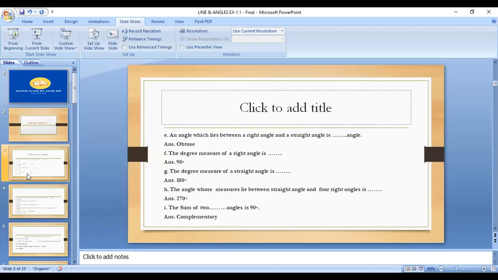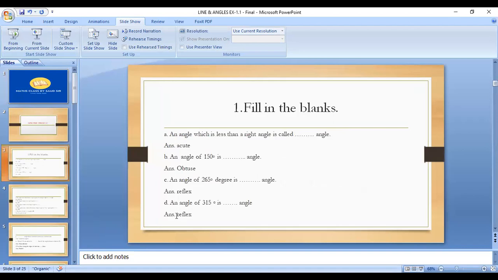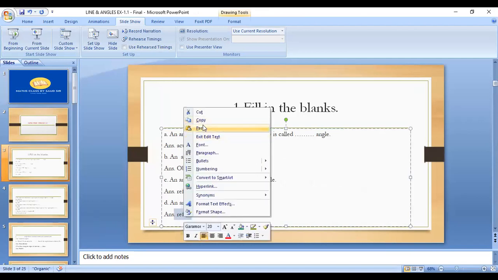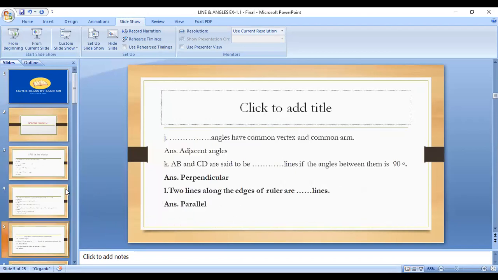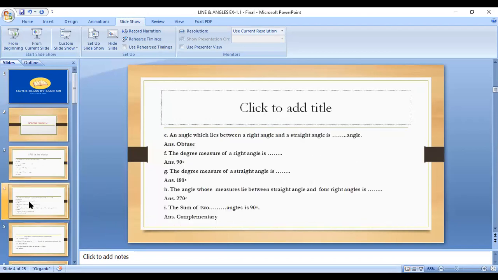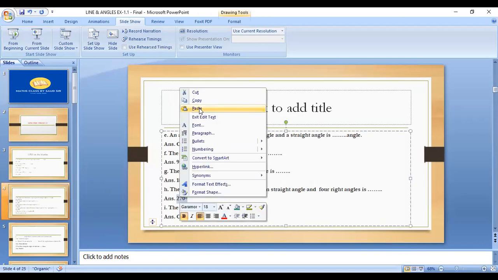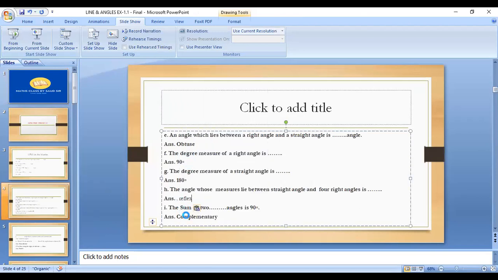This is the word we have filled in there. 270 degrees is the reflex angle, and in place of that, we can write the word that I'm writing here. In place of 270 degrees, we can write here that it is the reflex angle.